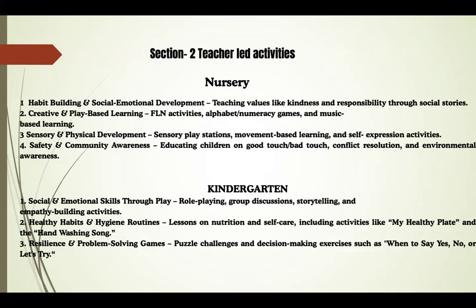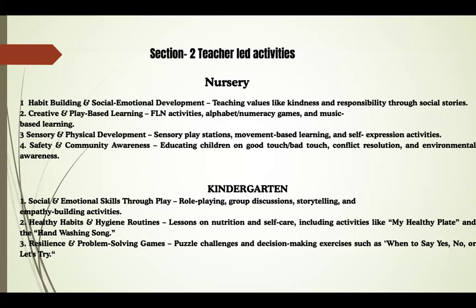And the second point is creative and play-based learning, FLN activities. FLN is nothing but foundational literacy and numeracy, with alphabet or numeracy games. Here, the games can be conducted like when the child is telling alphabets. When it comes to vowels, instead of the letter, the child has to say some toy name or some car name.